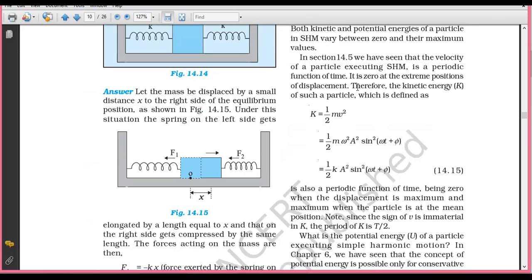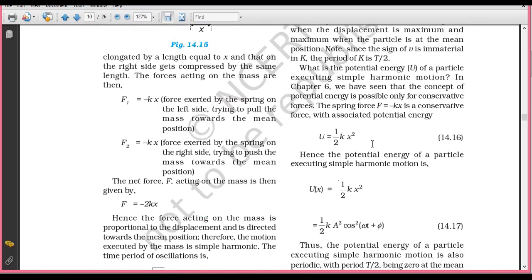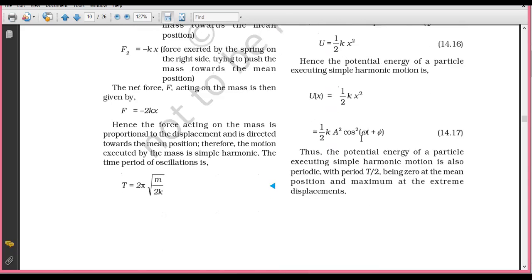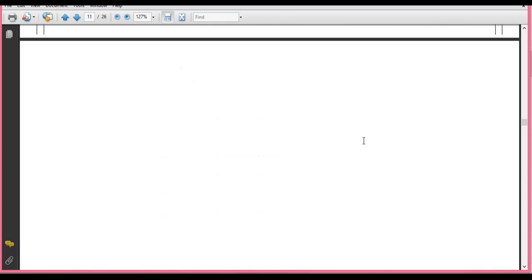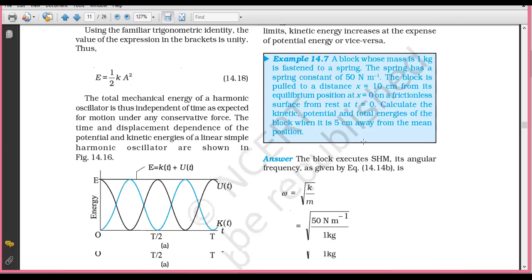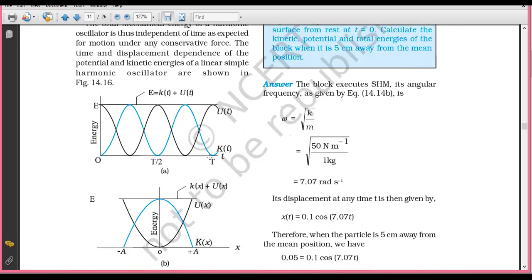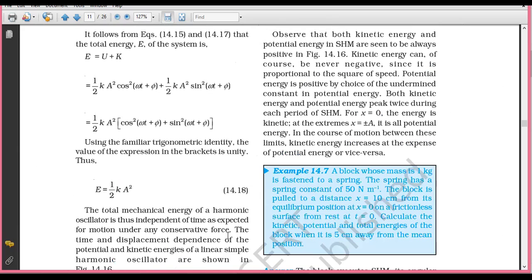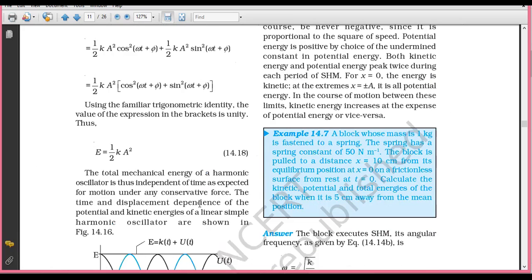Energy in simple harmonic motion, we discussed this. Go back and check in the last class. Half kx square, we talked about it. We talked about these two curves, right? We talked about these derivations, half kx squared.